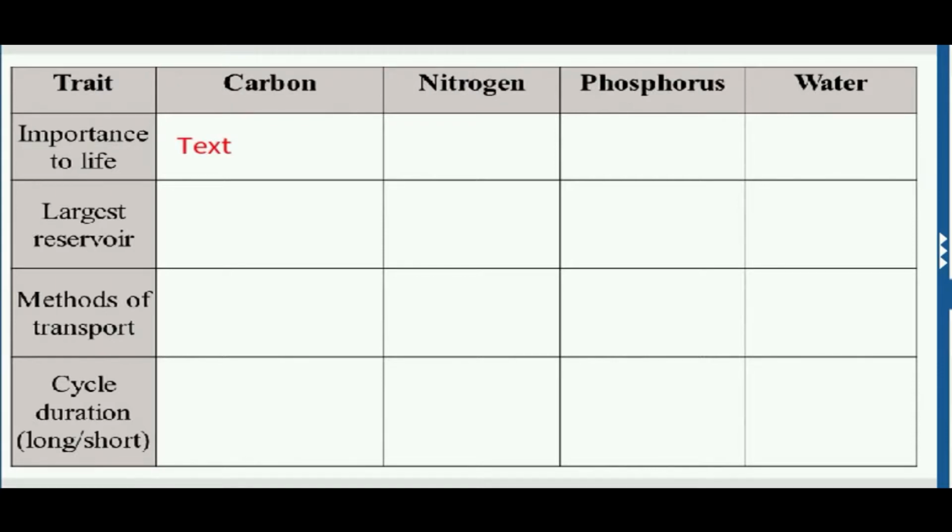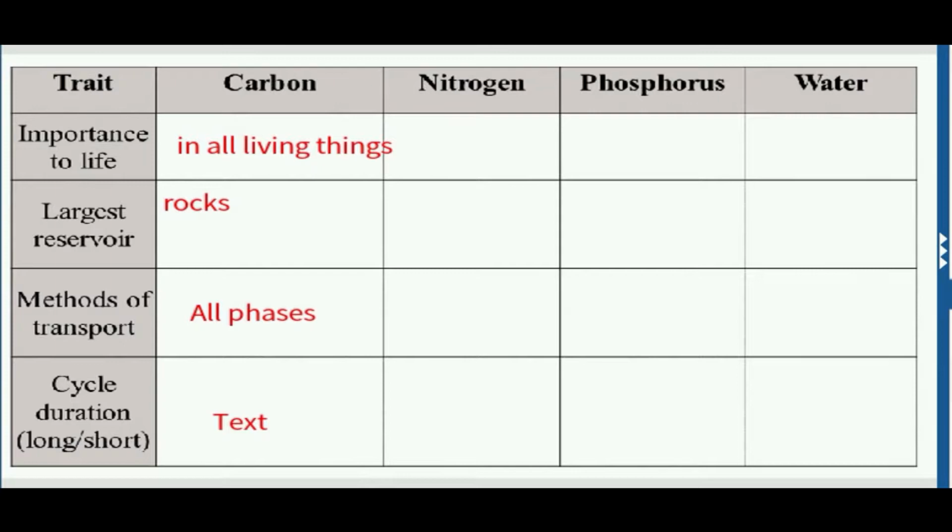That's why when they talk about aliens in movies, they sometimes say carbon-based life forms. That's what that is. The largest reservoir of carbon is rock. It can be in all phases, so solid, liquid, or gas. And the cycle duration is long.